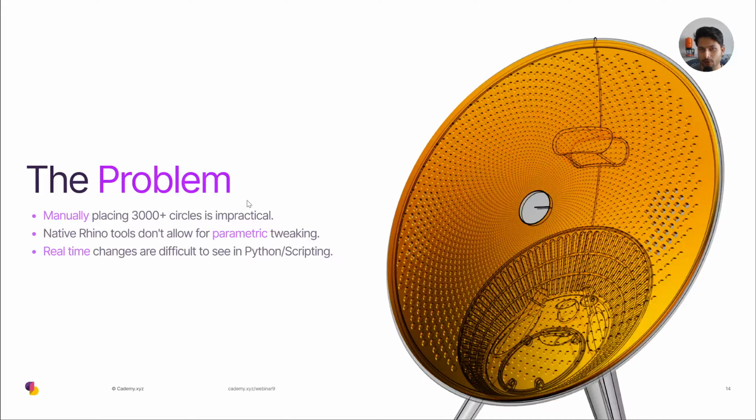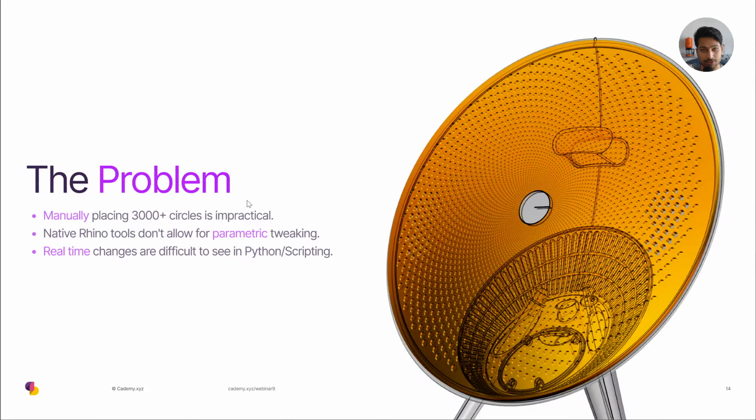Now, this is the main problem that we are facing. We want to recreate this texture, first in Rhino, the CAD model, and then apply the texture using Grasshopper. The problem is we cannot create these perforation textures manually. That's impractical. We have more than 3,000 perforations, and creating them one by one is not practical. We might use some kind of array in Rhino, but the problem is we cannot tweak these values.